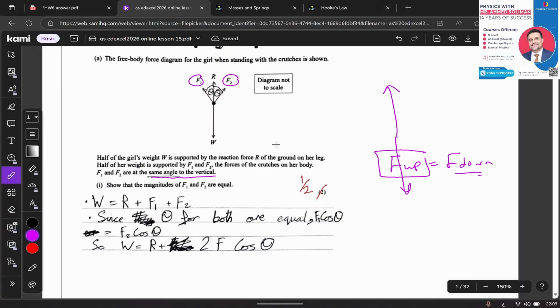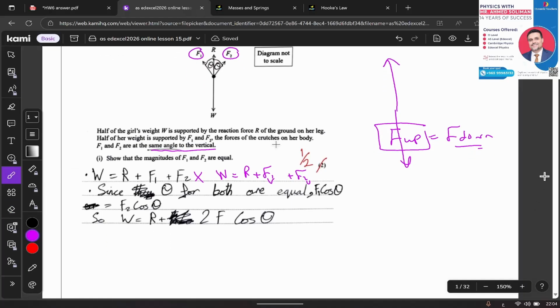So it is not accepted like this. But as Habiba said, you can write weight equals R plus F1 vertical force plus F2 vertical force. Sorry, vertical.